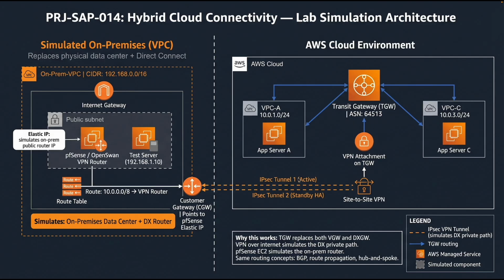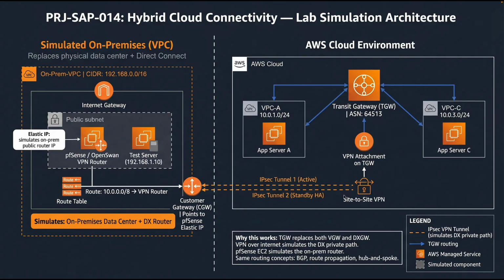Tunnel 1 here acts as the active tunnel, while tunnel 2 acts as the failover tunnel, so if one fails, AWS automatically routes to the second one, giving us maximum availability. This architecture works because our Transit Gateway replaces both the virtual private gateway and the Direct Connect gateway.